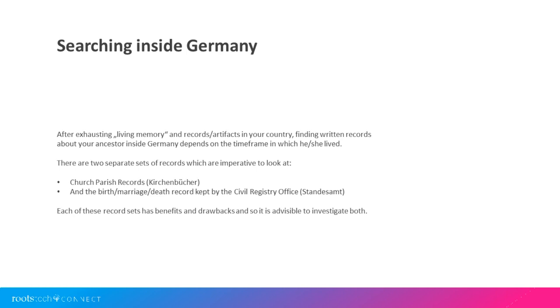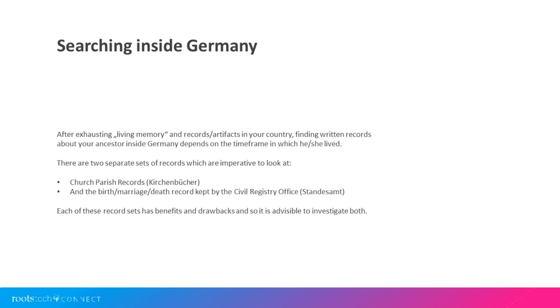After exhausting living memory and records and artifacts in your country, finding written records about your ancestor in Germany depends upon the time frame in which he or she lived. There are two separate sets of records which are imperative to look at.